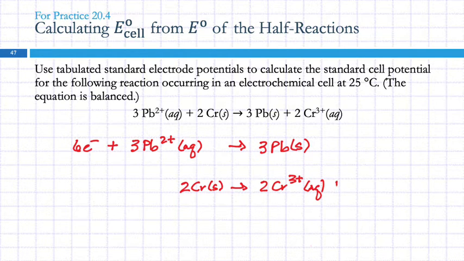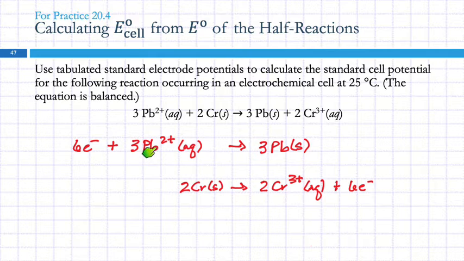And that's giving off 6 electrons. Here, these equations have already been multiplied to make the numbers of electrons equal. So we're not going to worry too much about coefficients here.